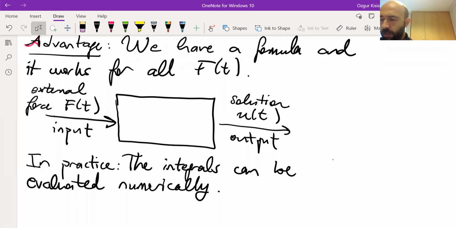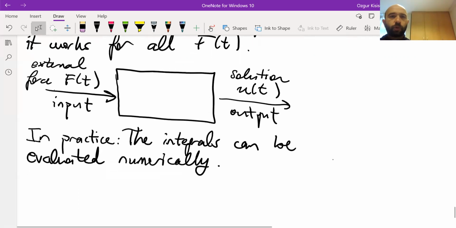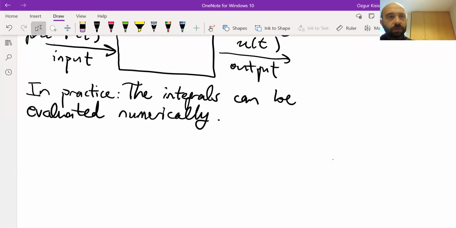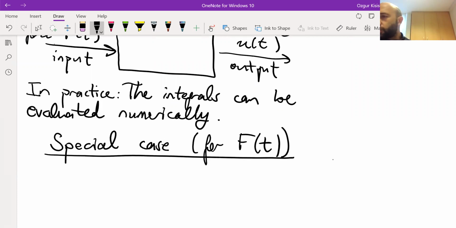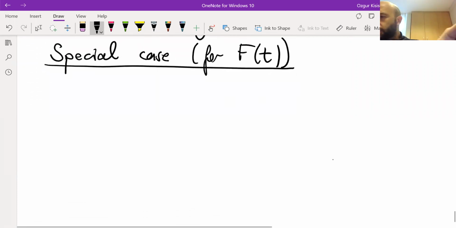Okay. Now, this is nice and general. However, in order to understand some other qualitative features, let's concentrate now on a special case. Special case for f of t. And also, for simplicity, I will assume that there's no damping.